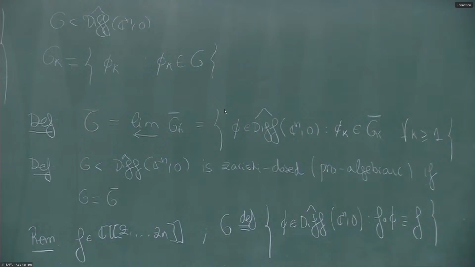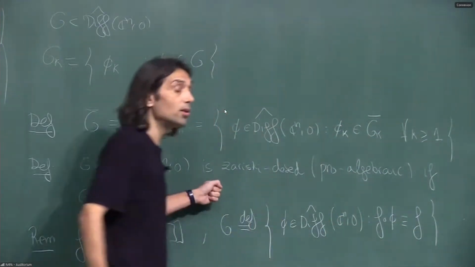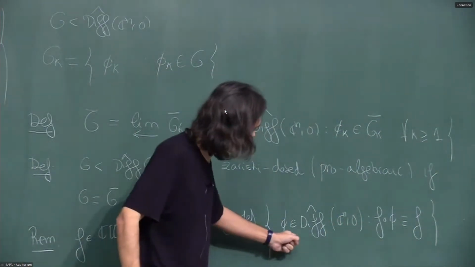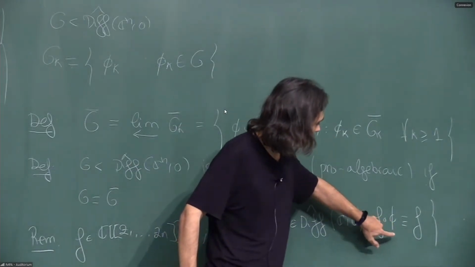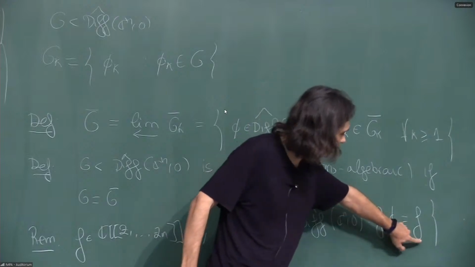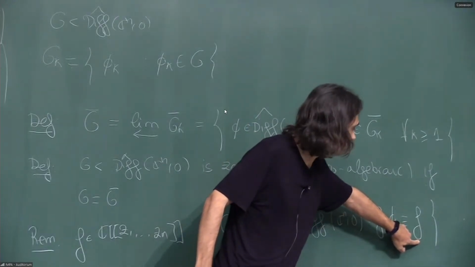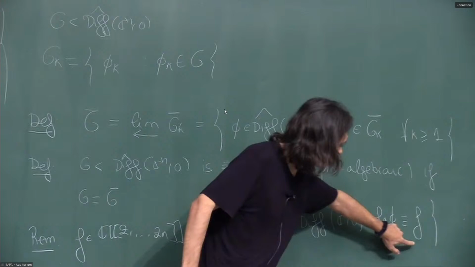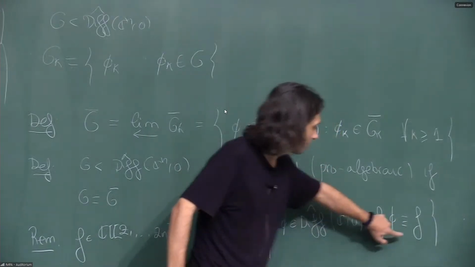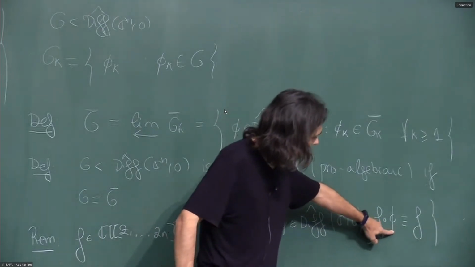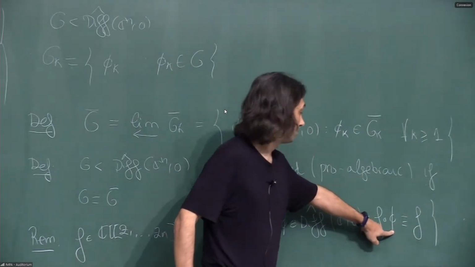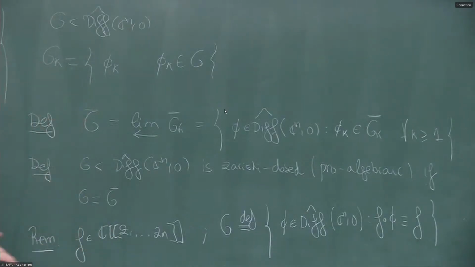But it defines a Zariski closed group, because if you write this equation over here, this is going to have a Taylor series expansion, this is going to have a Taylor series expansion too. You consider the equality of every coefficient in the Taylor series expansion, and that's going to give you algebraic equations in the coefficients of phi. And so every single time that you are in that situation, you have a pro-algebraic group.